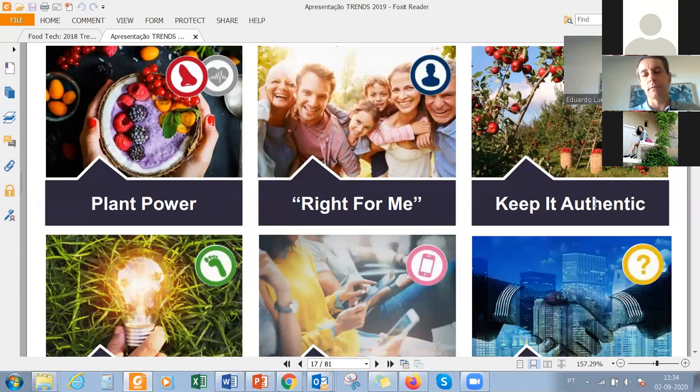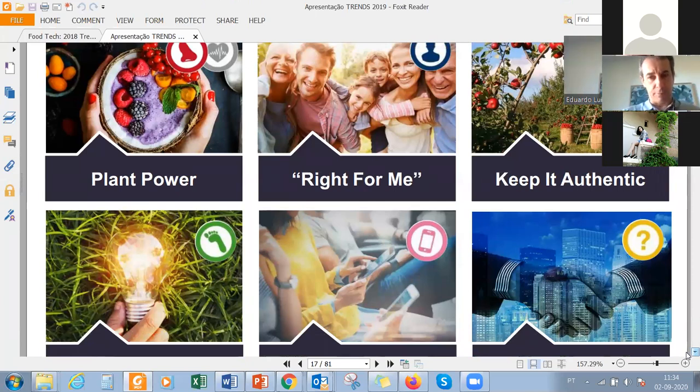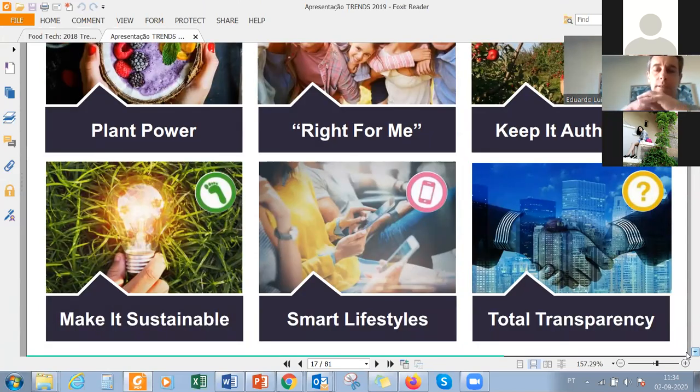Very interesting, especially for small countries like our countries, when thinking of Armenia and Portugal. So keep it authentic, not only the products, but also the process of production, the way of packaging, the distribution used, and so on. So keep it authentic is one of the six trends they mentioned.